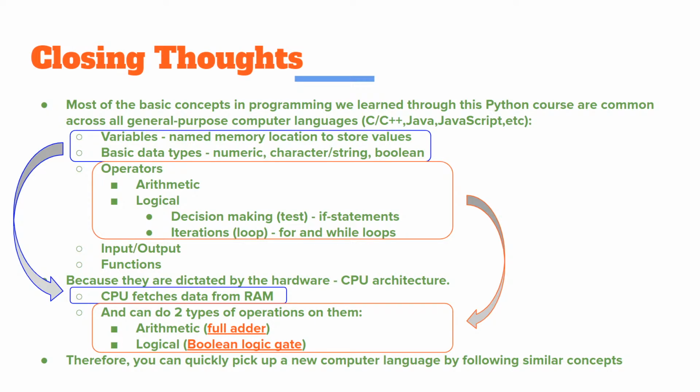And from that, we learned the basic variables, the basic data types, and then how operators worked. Inside operators, we learned that there are arithmetic operations and logical operations, and inside logic operations, there are iterations and decision making. Decision making meaning if statements, iterations meaning for and while. And we moved into input and output and functions, and finally OOP.